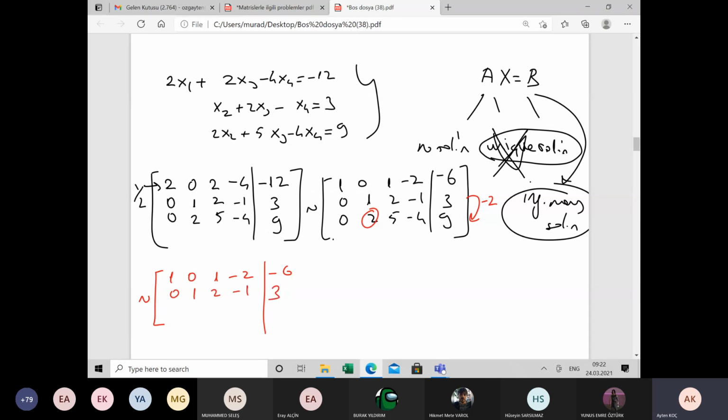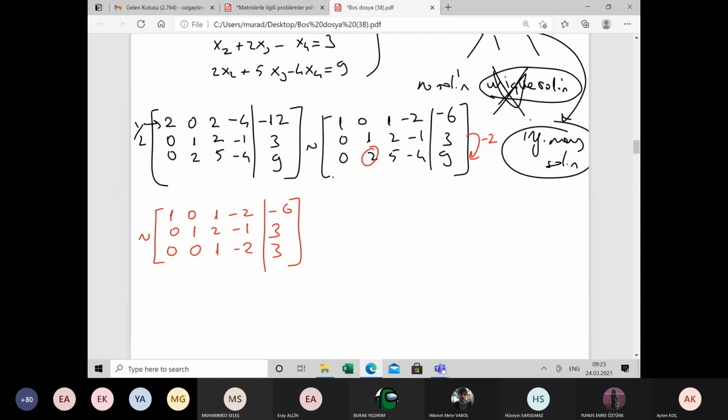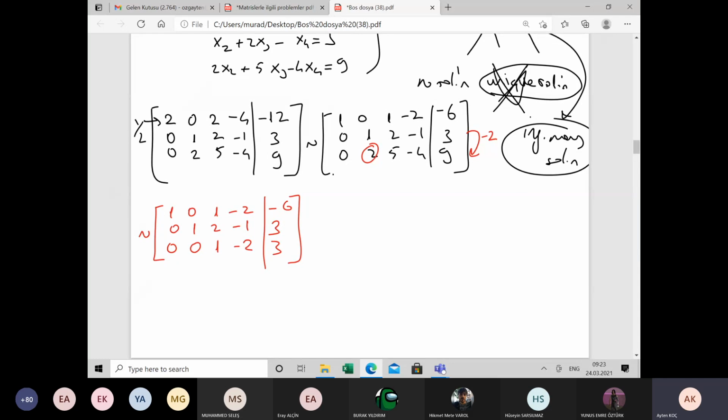Take the second row, multiply by -2, and add to the last row: 0, -2 plus 2 gives 0, -4 plus 5 gives 1, 2 plus -4 gives -2, and -6 plus 9 gives 3. Any question here? I hope no question.